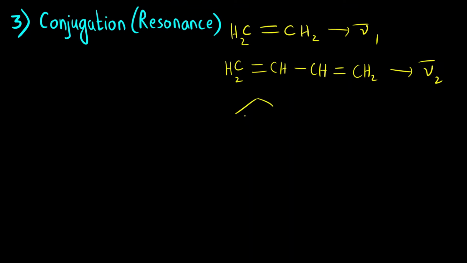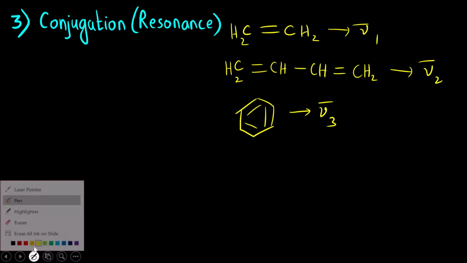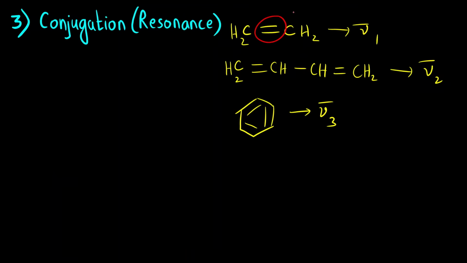And then there is benzene, for which let's say the stretching frequency is nu 3. In the isolated double bond, the double bond is intact, it is not lost. The bond order is the same, that is, there are two bonds. There is no resonance possible here.